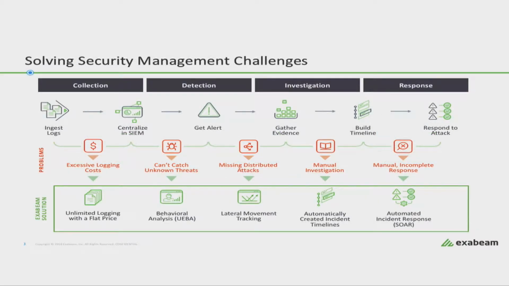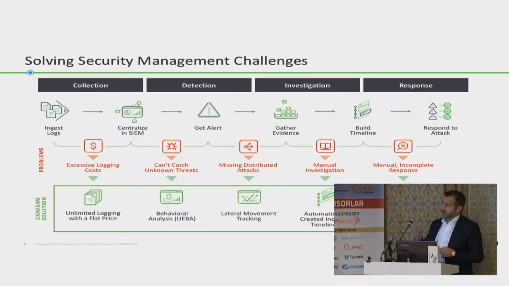Now, let me first show you how the process in information security is working today and what the challenges are. So if you start at the top on the left side, usually this is how companies collect the logs in a log management system or in a SIEM solution. They correlate and centralize these logs in their SIEM.